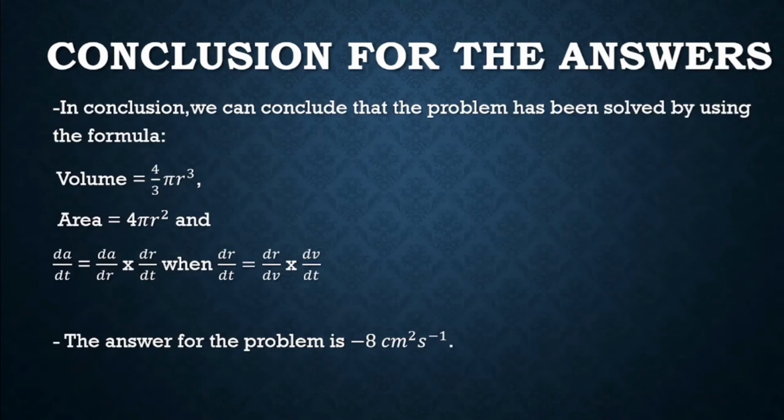These are the conclusions for the answers. In conclusion, we can conclude that the problem has been solved by using the formulas: volume equals 4 over 3 pi r to the power of 3, area equals 4 pi r to the power of 2, and dA over dt equals dA over dr multiplied by dr over dt, where dr over dt equals dr over dv multiplied by dv over dt.